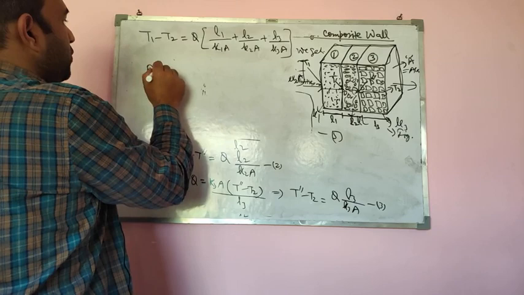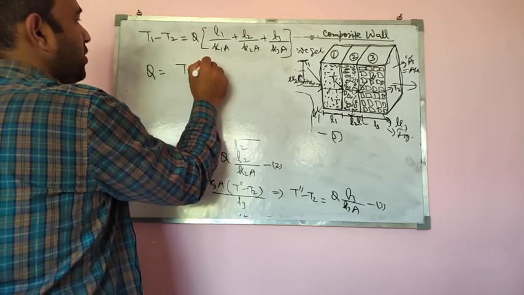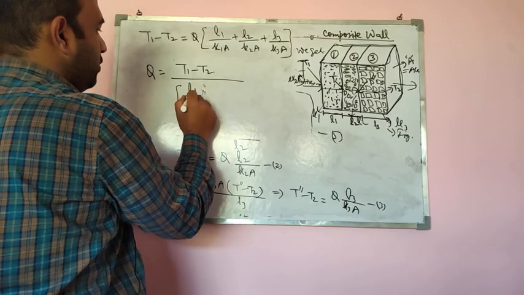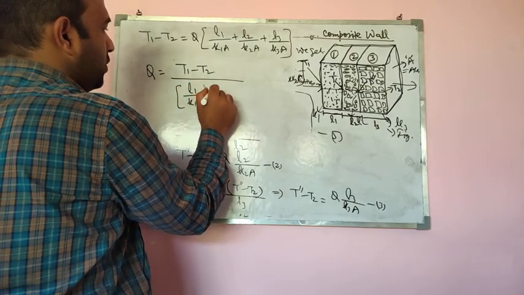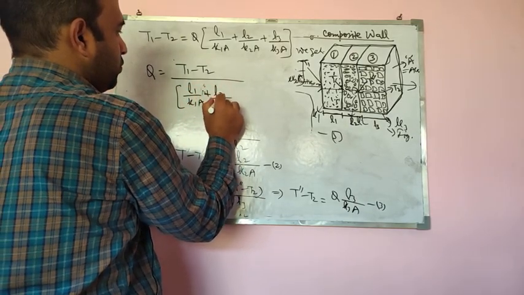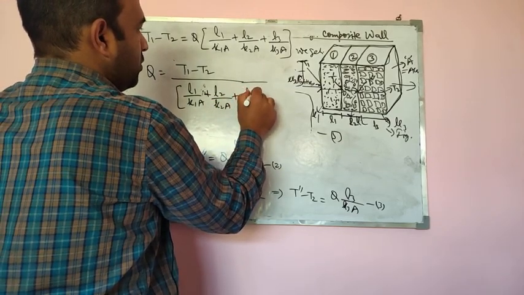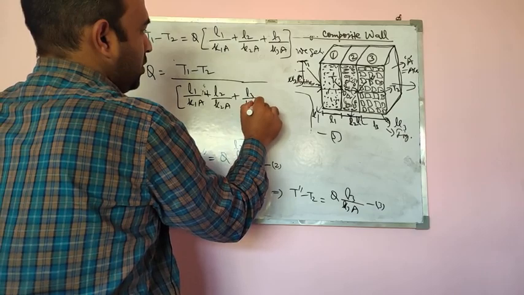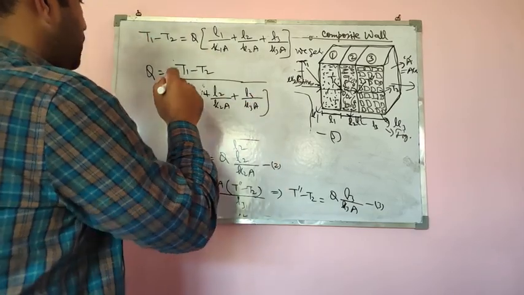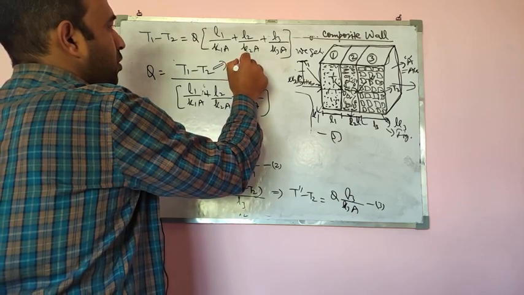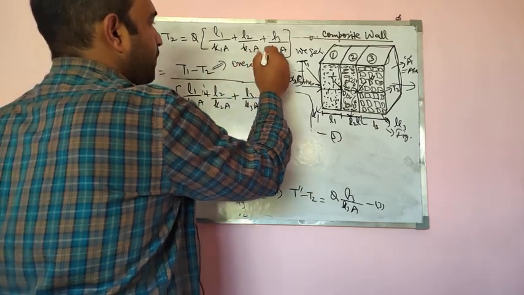We can write Q is equal to T1 minus T2 divided by L1 by K1 A plus L2 by K2 A plus L3 by K3 A. So this T1 minus T2 is the overall temperature difference.